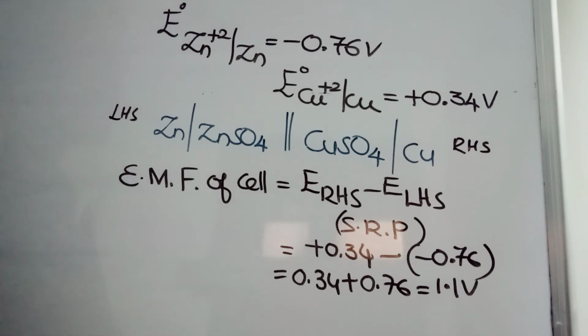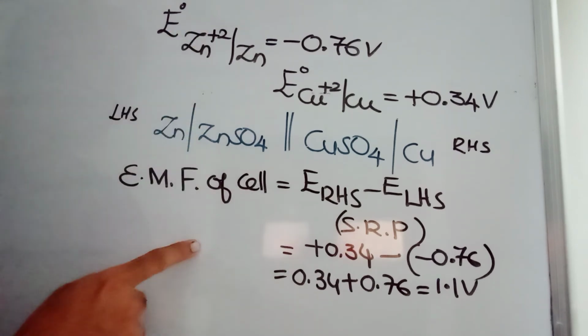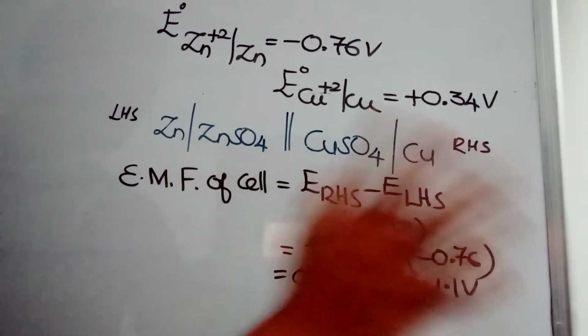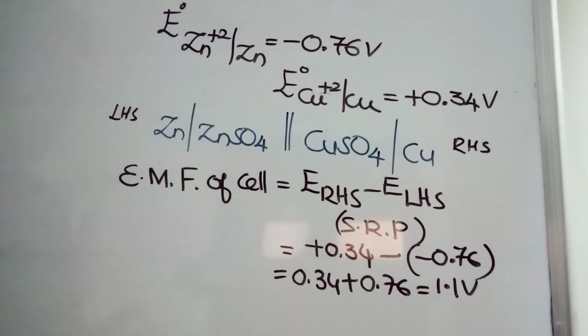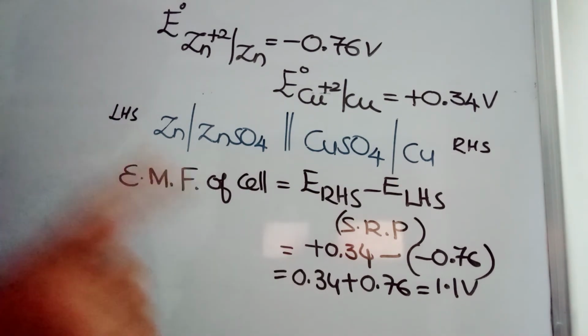Okay, there is no need to remember the values. They will be given in the question. The only formula that you are going to apply is EMF of cell equals ERHS minus ELHS. RHS means right hand side, LHS means left hand side. Remember, both values must be standard reduction potential values.